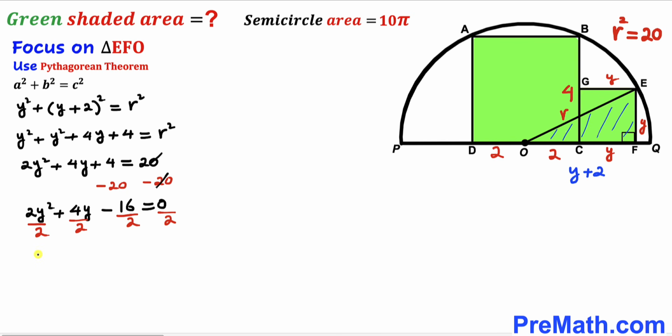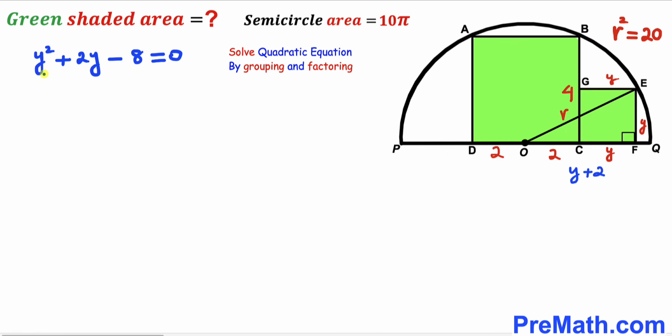So we ended up with y squared plus 2y minus 8 equal to 0. So thus we have this quadratic equation, and we are going to solve it by grouping and factoring.